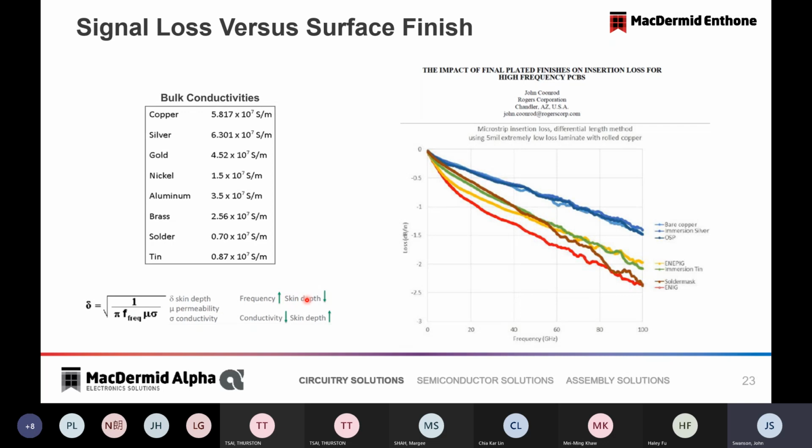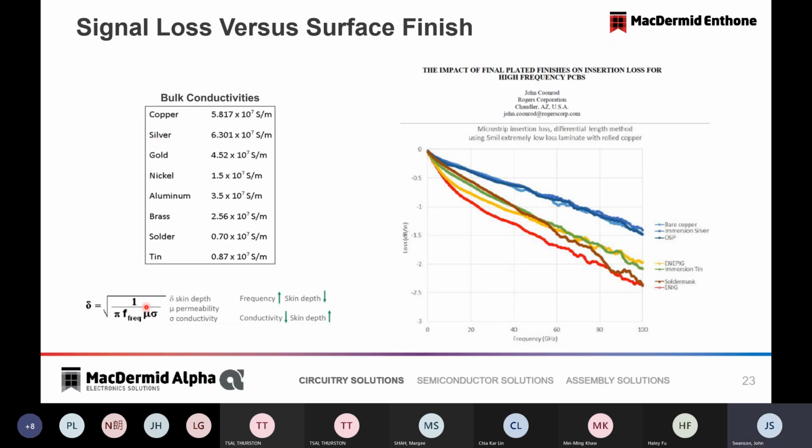So as you have high frequency applications, the electrical current will travel through what we call the skin, closer to the surface. And in those situations, the high conductivity metals are more desirable. So silver and copper are more desirable if the current is traveling near the surface where those metals are.